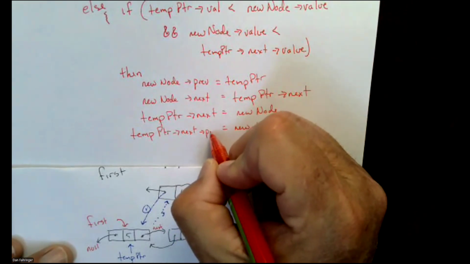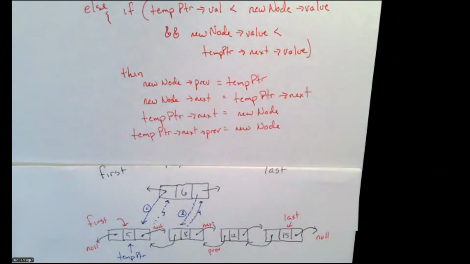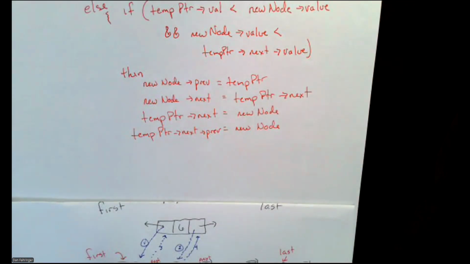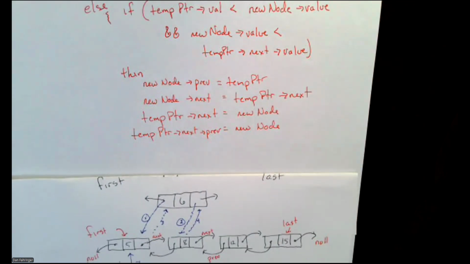So it's prev, next, prev. Of course, there's going to be more to this, but this bad boy's starting to get long, trying to do all of that to insert in the middle.